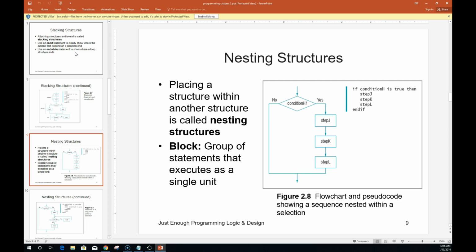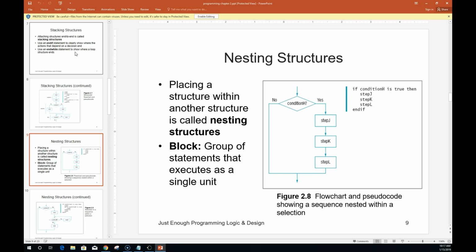So here I put them together. So think about our thermostat that's calling for heat. So not only does it call for heat, so step J might be we turn on the heater. Step K might be we flash the lights. And step L might be we turn on a horn. So make sure everybody in the classroom knows that heater's on, right? That would be silly, but that's an example. We're just adding pieces inside of it. So we can do multiple things inside of one another. So we nest them together.